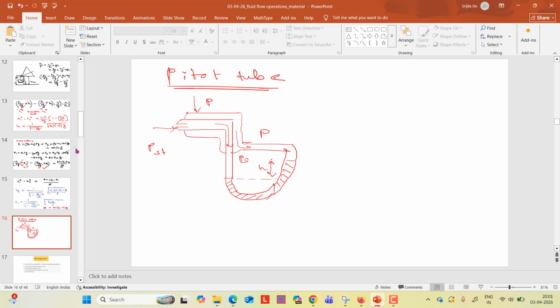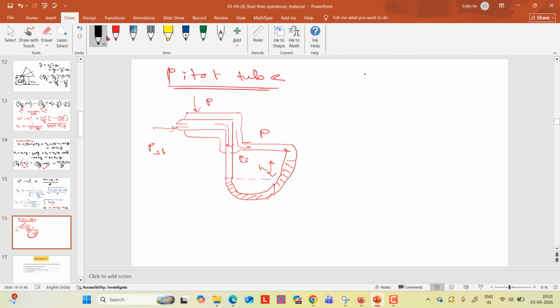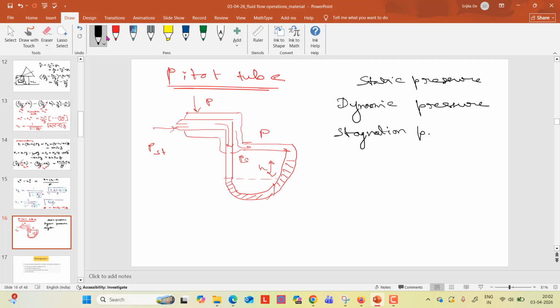So there are three types of pressures here. First one is the static pressure. Second one is the dynamic pressure. And third one is the stagnation pressure.